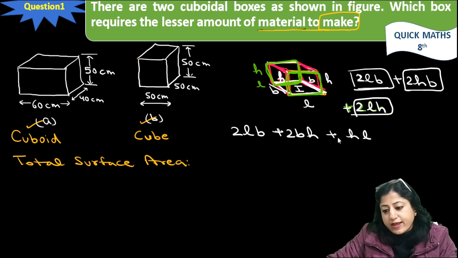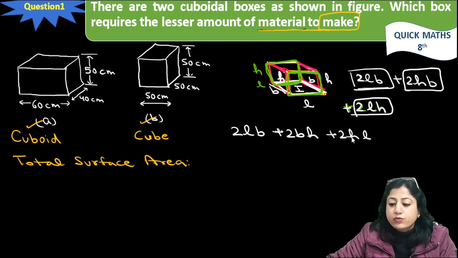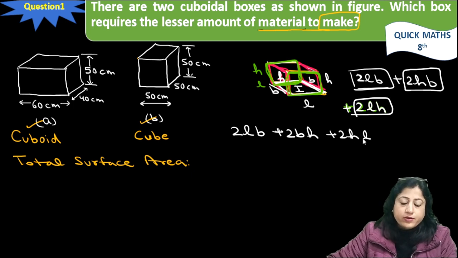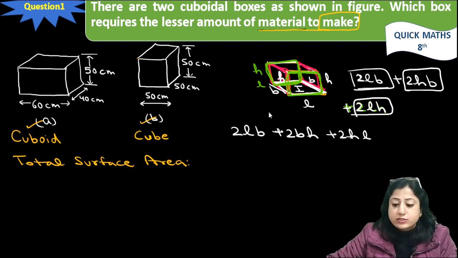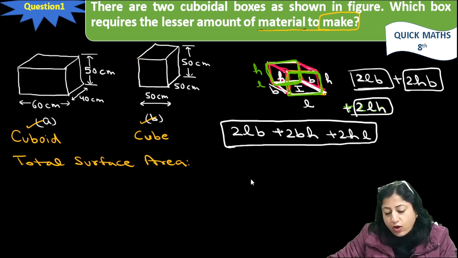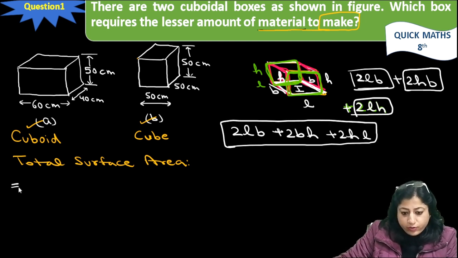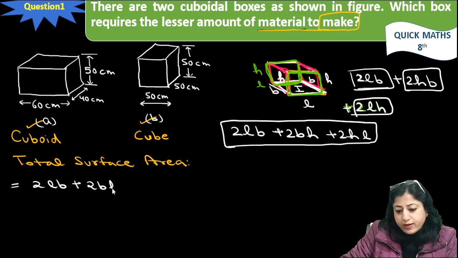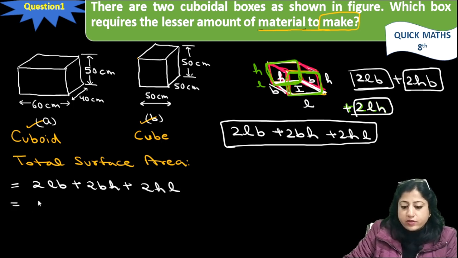And the last is HL, also double because of the last pair of opposite faces. So the formula for the total surface area of the cuboid is 2LB plus 2BH plus 2HL.